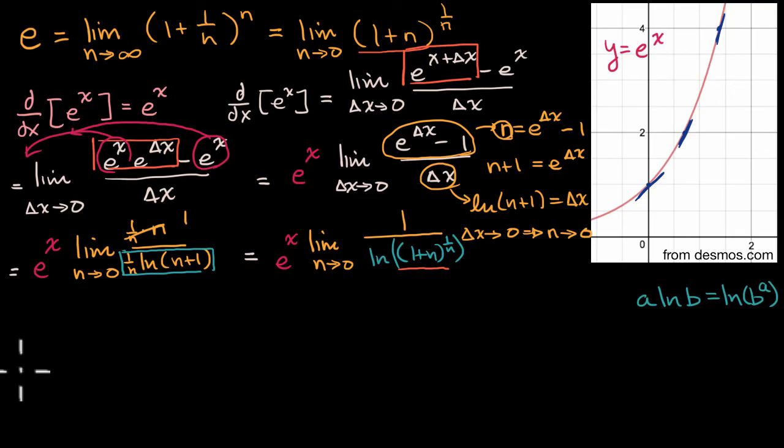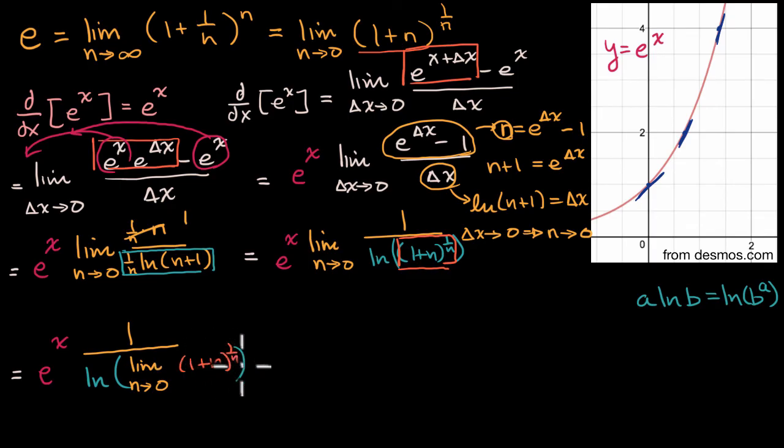So we could say that this is going to be equal to, and we're approaching our drum roll, e to the x times 1 over the natural log of the limit as n approaches 0 of this business right over here, which I could just write as 1 plus n to the 1 over nth power.